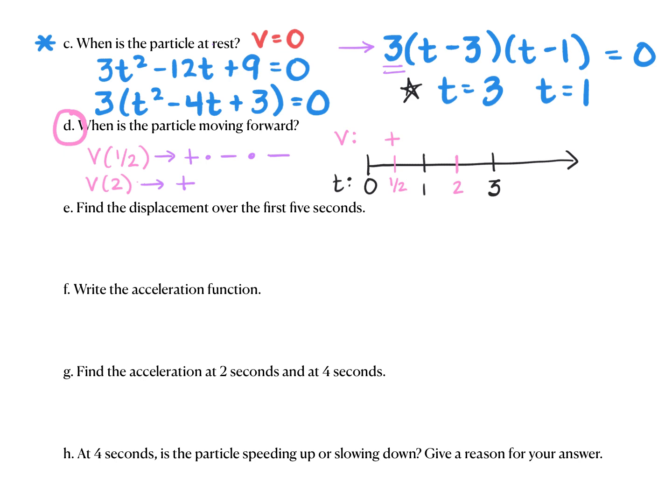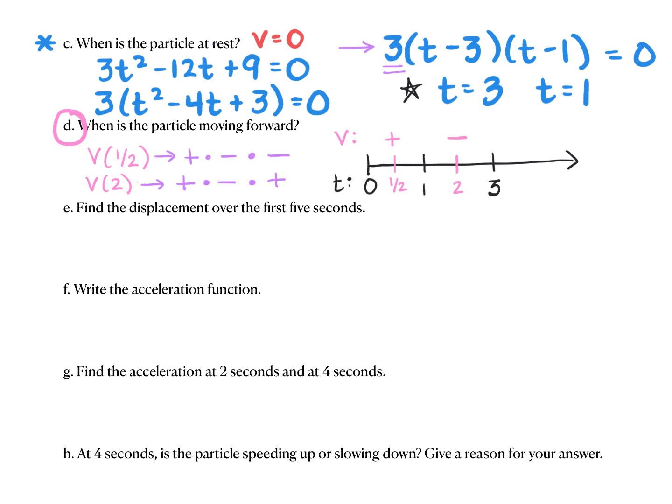Which means it doesn't actually matter, like, it's not going to change whether we're positive or negative. We're just multiplying by positive. 2 minus 3 gives me a negative, but 2 minus 1 gives me a positive. So if I were to multiply a positive times a negative times a positive, my end result would be negative. Okay, so this velocity is negative.